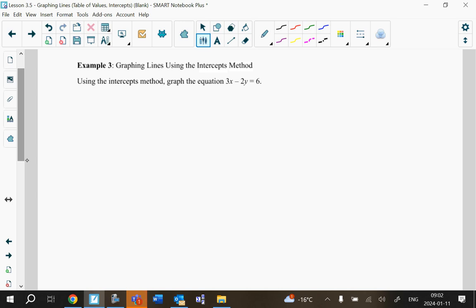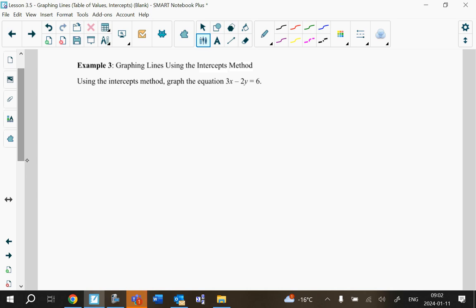So for the table of values, you'd have to do some algebra first. You'd have to solve for Y and then pick values for X, calculate values for Y, plot those points and draw it. This one, using the intercepts method, you don't have to.